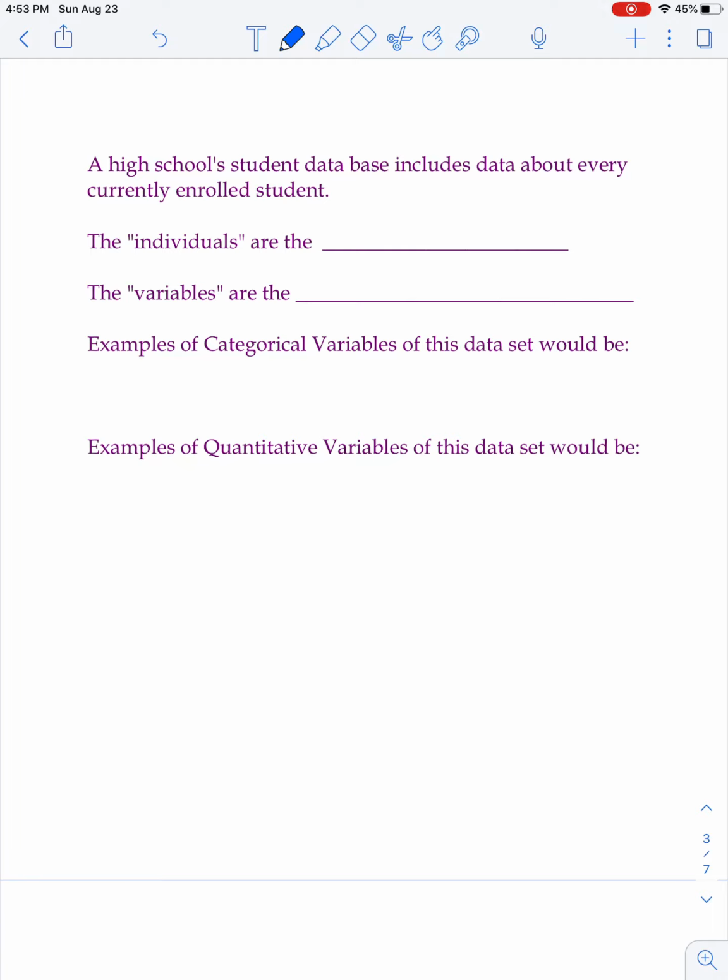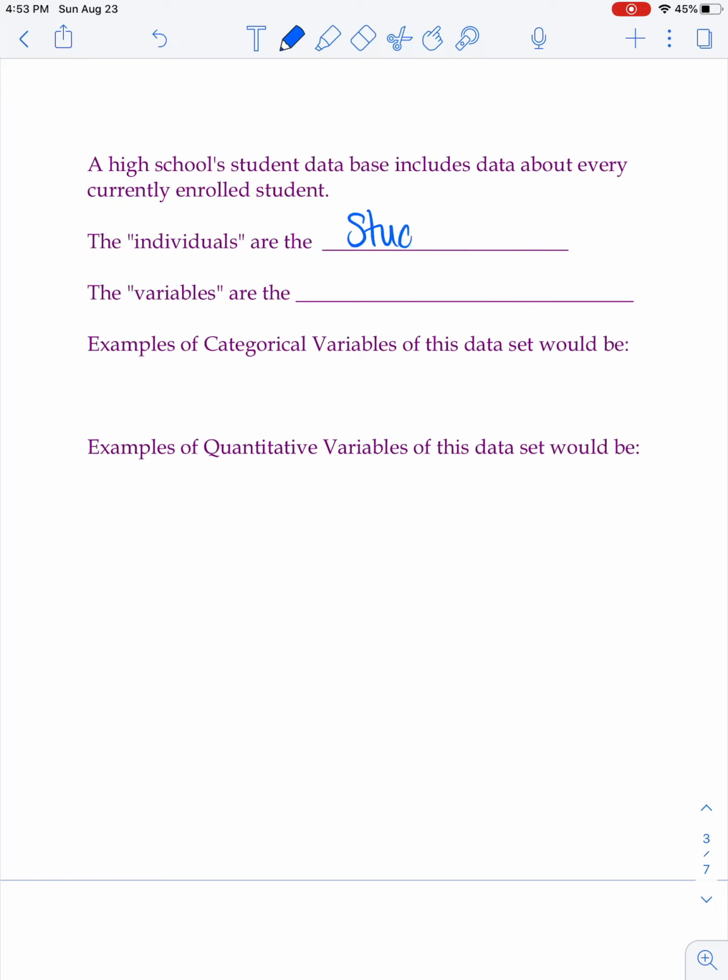Okay, so a high school student database includes data about every currently enrolled student. Okay, so we've got a database. It's got all our high school students, and it's got all kinds of data about you. Everything from your parents' names to your address and phone numbers and emails, to GPAs and test scores and courses that you've taken, and things like that. So if we think about that set of data, think about who the individuals are.